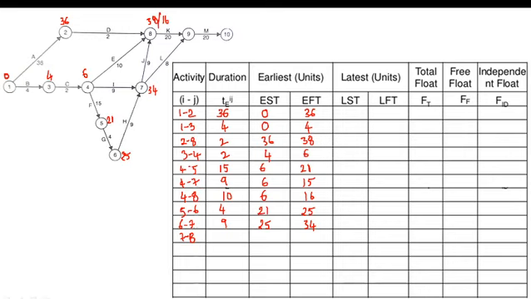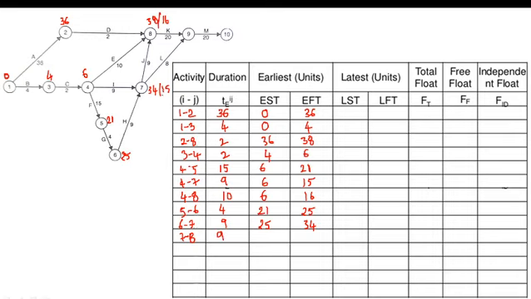Already 4 to 5, where is 4 to 5? It is over here. We have computed 4 to 7 also. What was the value of 4 to 7? It was 15. There is a junction here, right? So when we compute 7 to 8, what is the duration of 7 to 8? Duration is 9 days. What is the earliest start time?